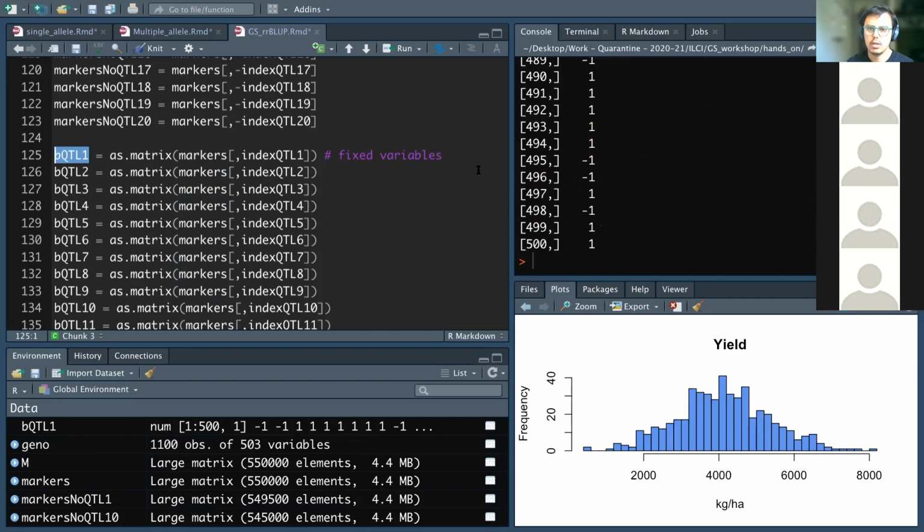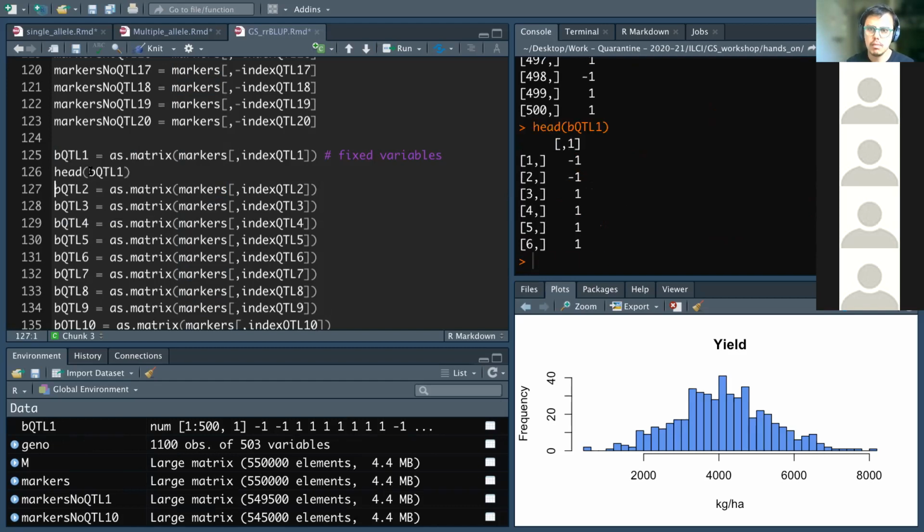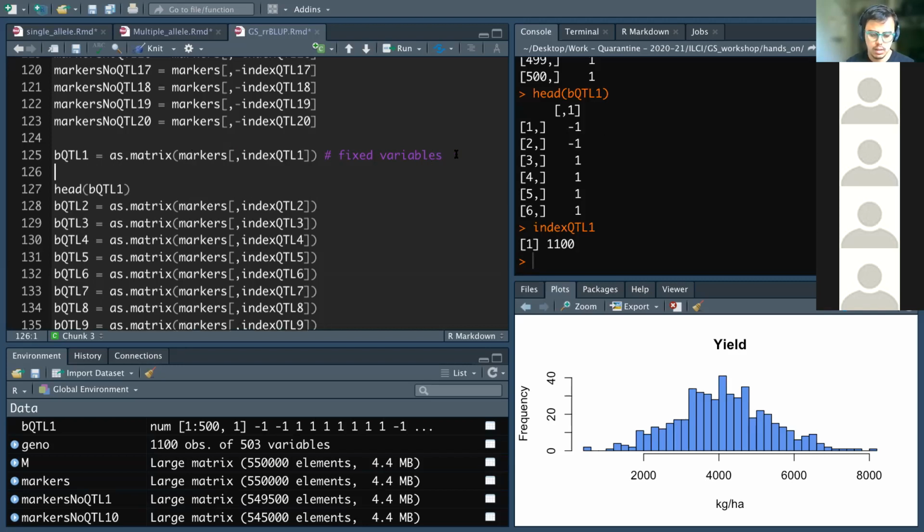So as you can see here, it's gonna extract the column 1100 from the dataset markers, remember, that have 500 rows and 1100 columns.